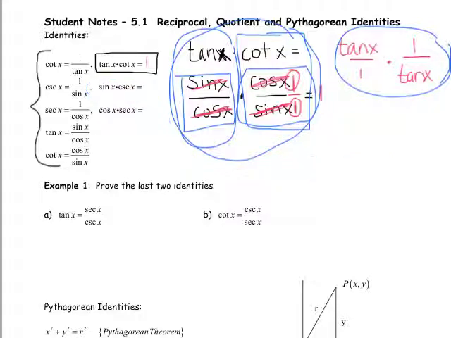So sine x over 1 and 1 times 1 over sine x. So the sine for sine cancels, and we end up with 1. And for that same reason, you can see that that's going to be 1. Because the shorthand way to think of this is just the reciprocals multiply to 1. Alright?